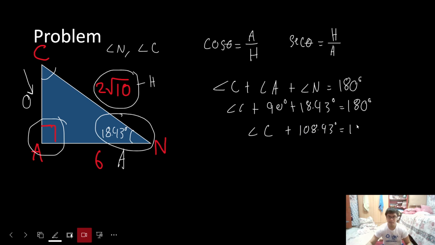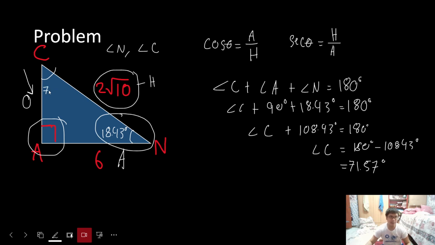Now with that, we will transpose it to the other side. So we will have angle C is equal to 180 degrees minus 108.43 degrees. Okay, so with that, we will have 180 minus 108.43 degrees. We will have an angle of exactly 71.57 degrees.